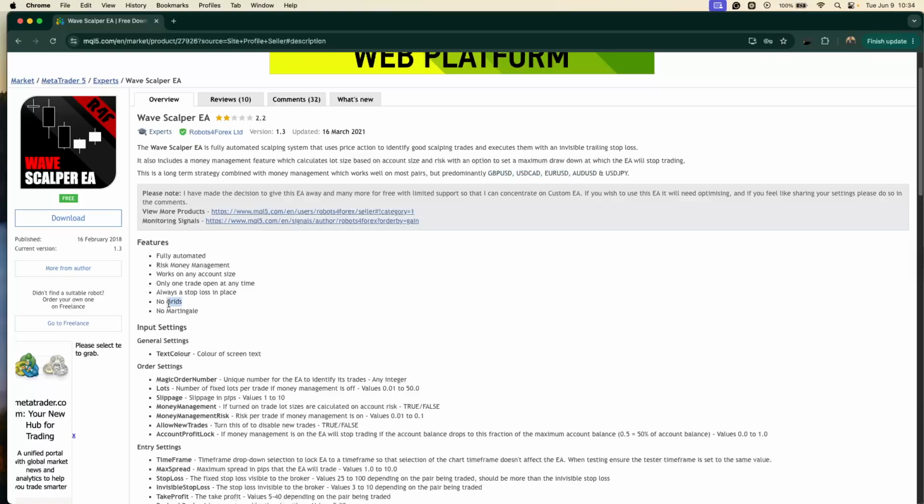There is no grid, no martingale, and just one trade at a time with money management. It calculates lots based on account risk and can lock profits or stop trading on drawdown. These are the marketed features.